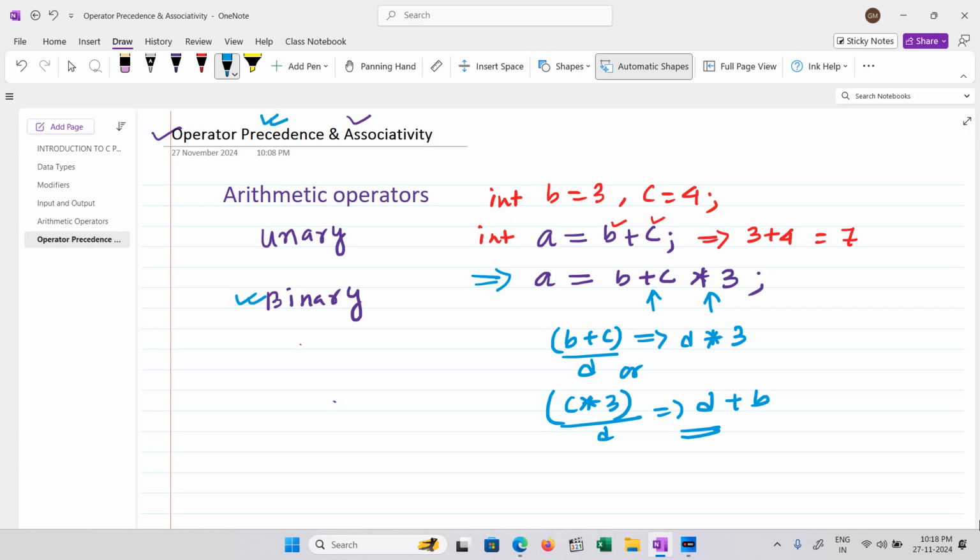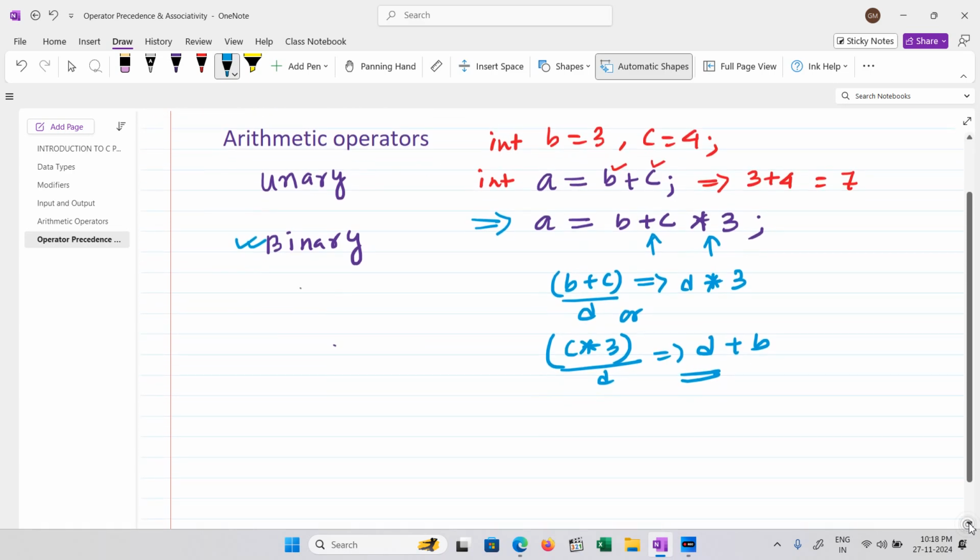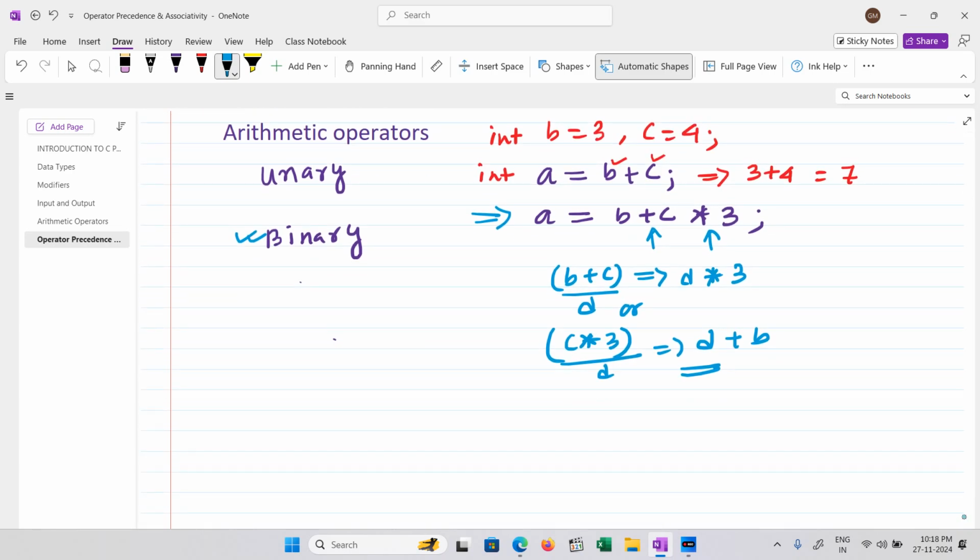In another term, operator precedence we can also call priority. It means which part of the expression, or which arithmetic operation, will be evaluated first.